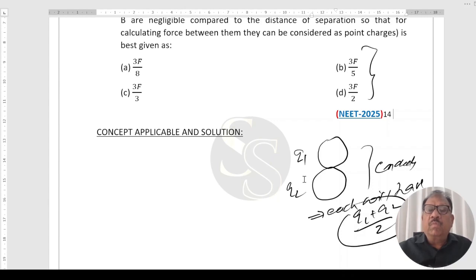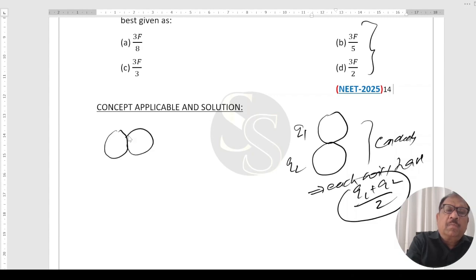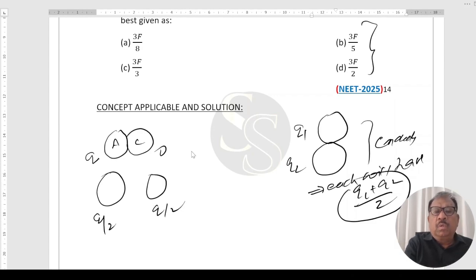Applying this concept, a conducting sphere A has charge Q, and C has 0. What charge will come on A? Q by 2. On C? Q by 2, right? Q plus 0 divided by 2, Q by 2.